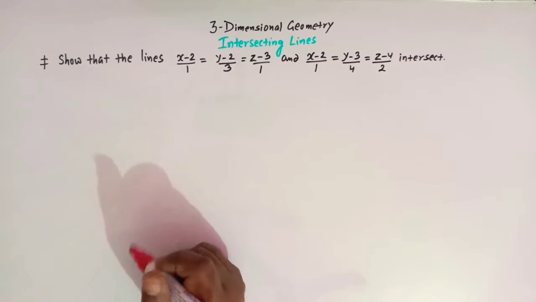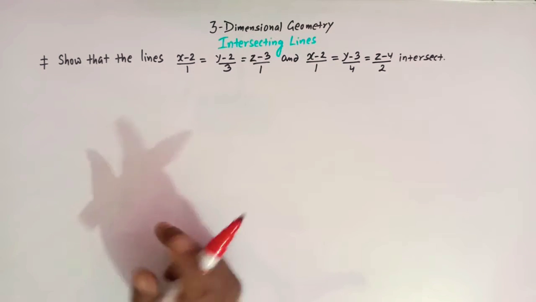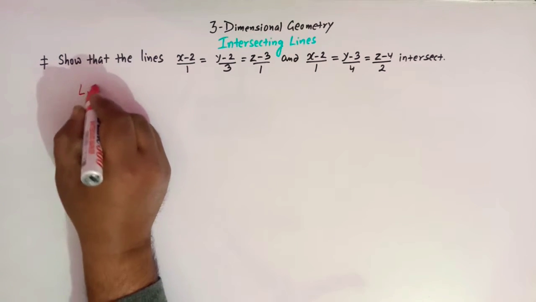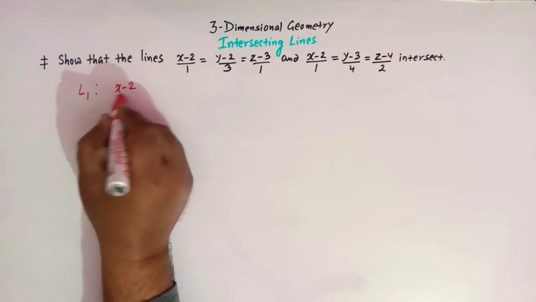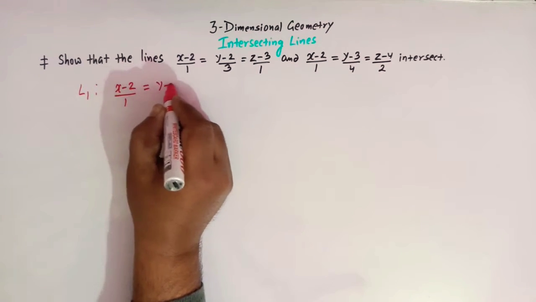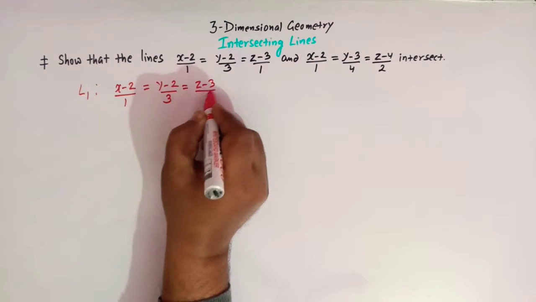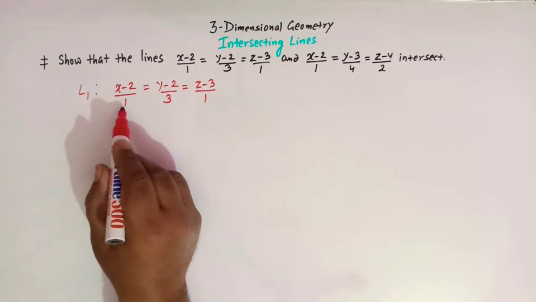Now let us first analyze these two lines. The first line L1 is (x minus 2)/1 = (y minus 2)/3 = (z minus 3)/1.